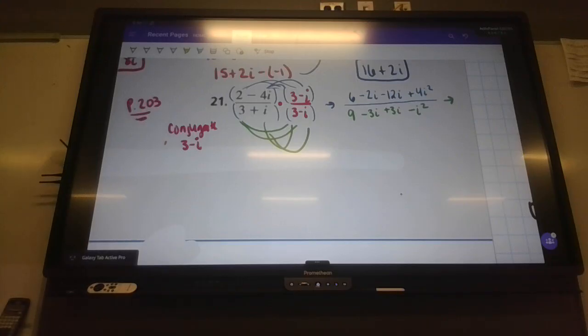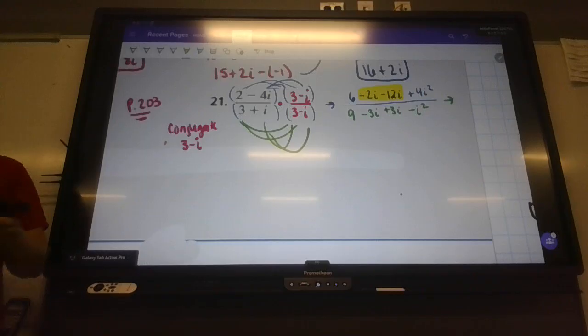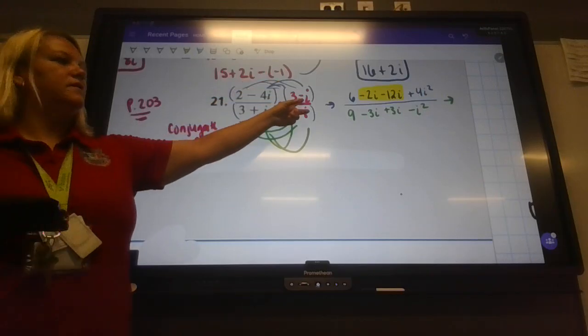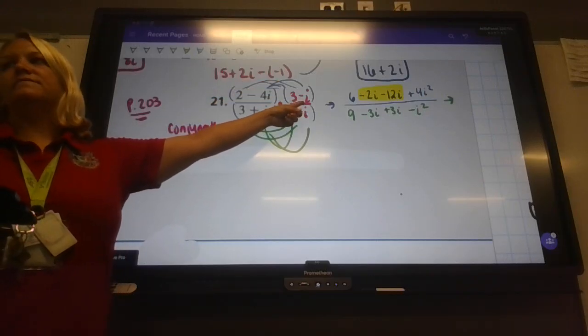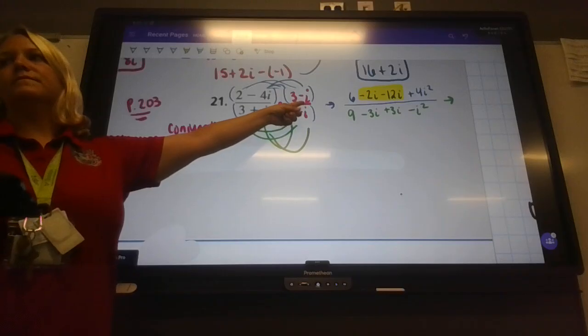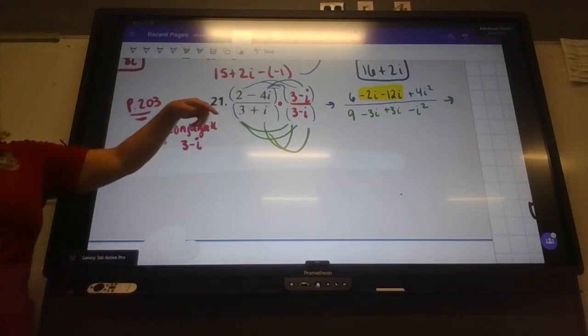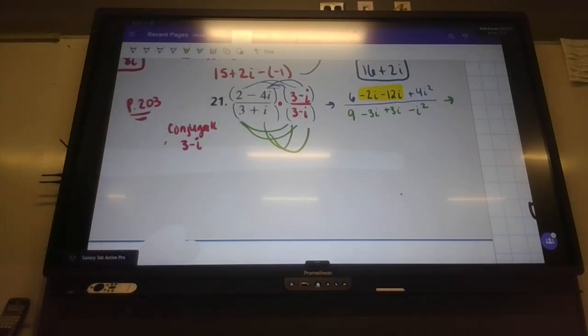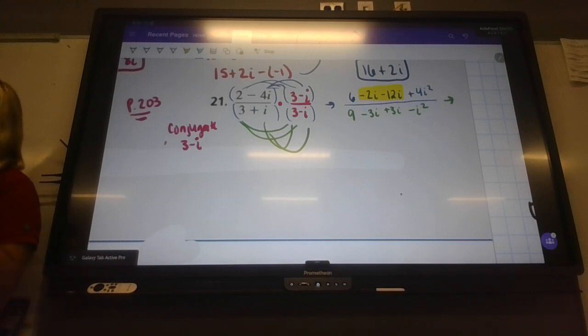Negative 4i times 3, negative 12i. I got 2 times negative i. Is your i negative? And then we're going to combine like terms.